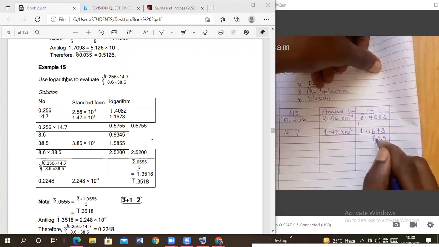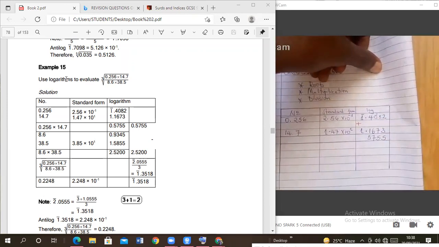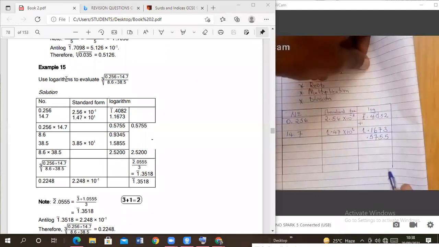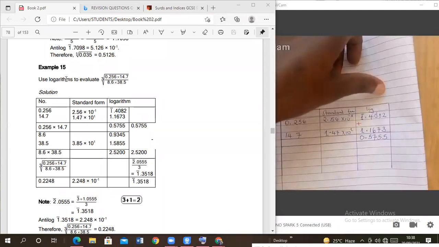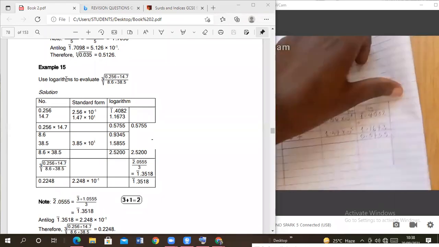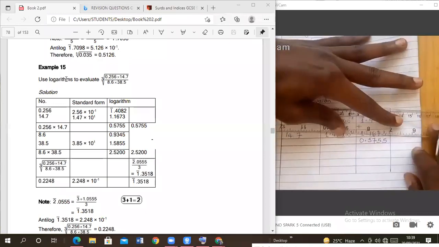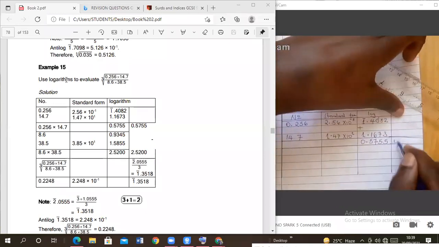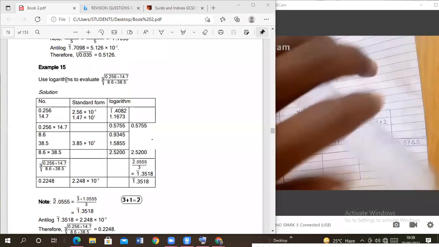We get 7. Then 1 plus 5, 4 plus 1, we get 5. Point. Negative 1 plus 1, we get 0. Because this is only for the numerator. I extend it this side, so I write it 0.5755. Right together, members?